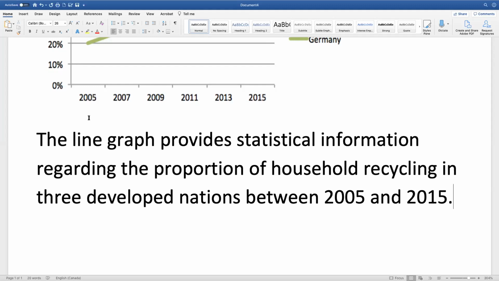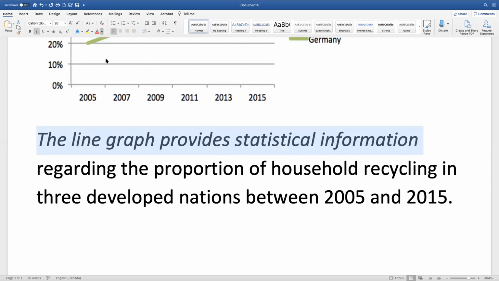Okay. So the line graph provides statistical information regarding, that's our structure.